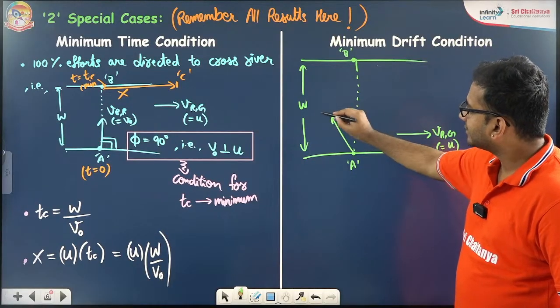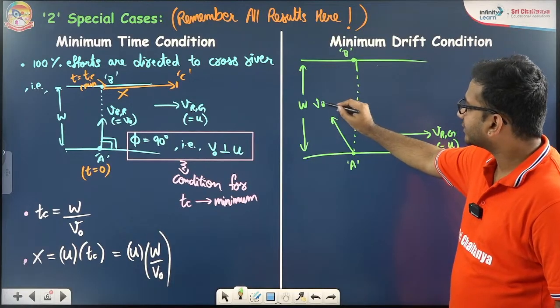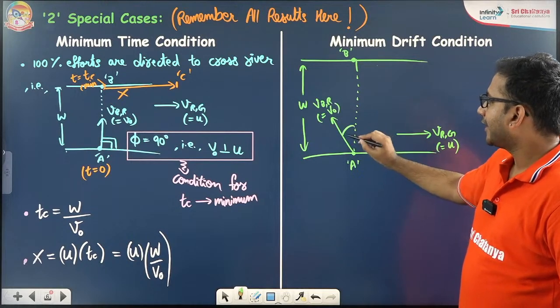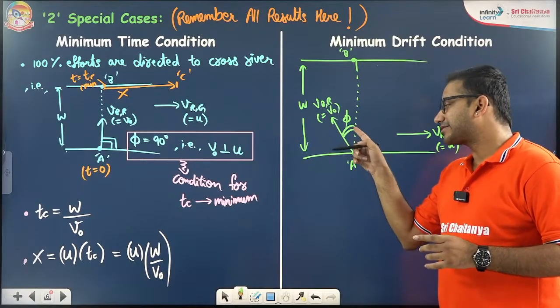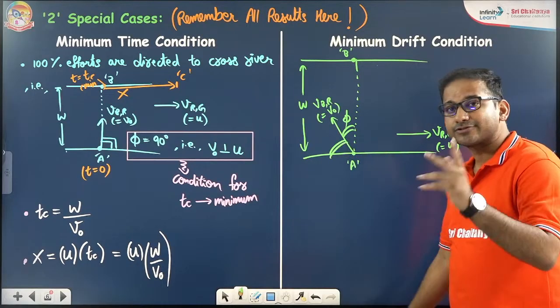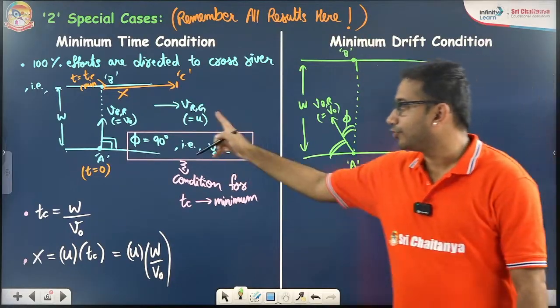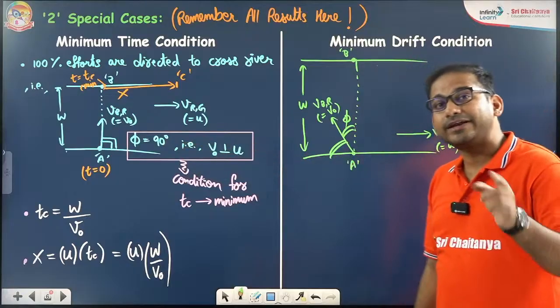So this velocity is the velocity of river, and this is the velocity of boat with respect to river, equal to V naught for our discussion. Let's say this angle is phi. Remember, dear, that angle could be this phi or this phi; that depends on the examiner. So when I tell you to remember all these results, no result here should be in terms of phi, because phi may change from question to question. Last time we had results where every result was in terms of phi.